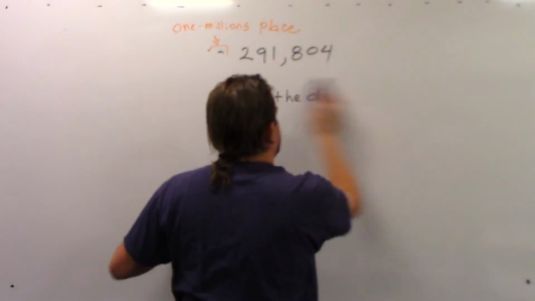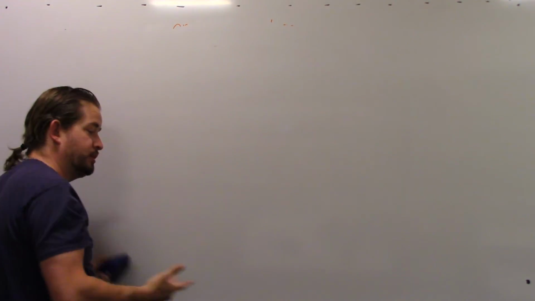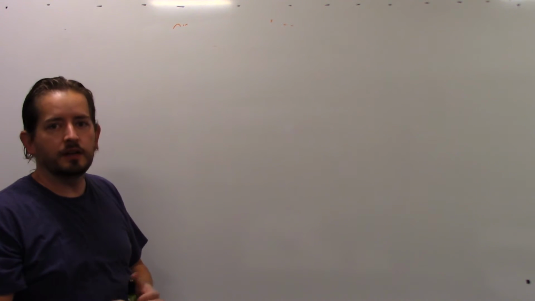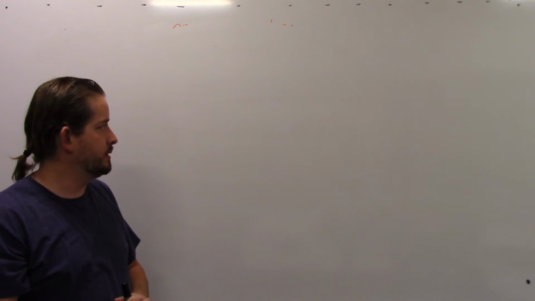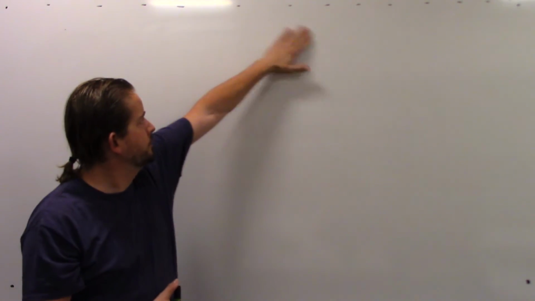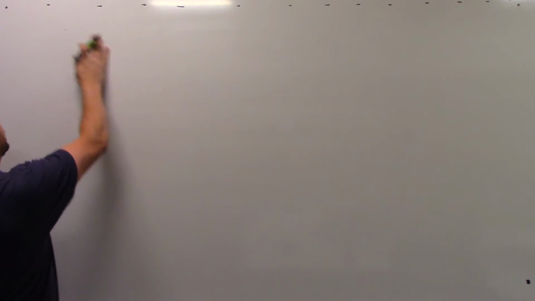Now, it's nice to see these types of numbers, right? The standard form written in books and things like that. But if you were to, say, talk to your friend and you had a number that large, it would be kind of inconvenient to listen to somebody speak that number, right? If I had to say that number to you, or a very large number, let's just write one here.